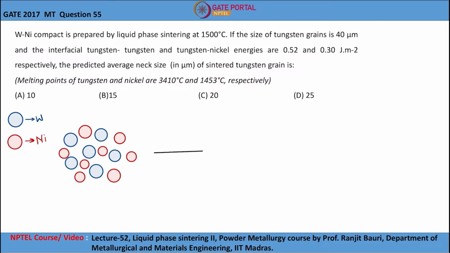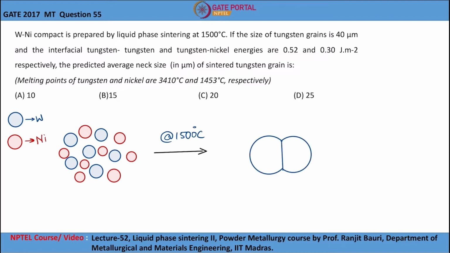So when these particles are subjected to liquid phase sintering at 1500 degrees Celsius, all the nickel particles will be molten since the sintering temperature, that is 1500 degrees Celsius, exceeds the melting point of nickel, that is 1453 degrees Celsius.